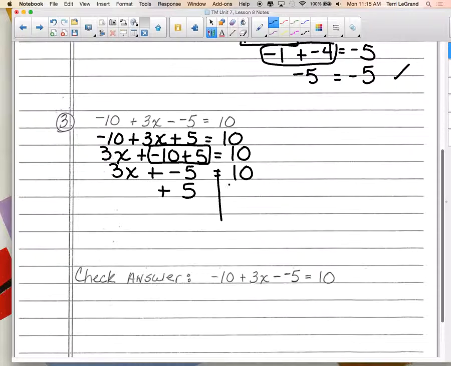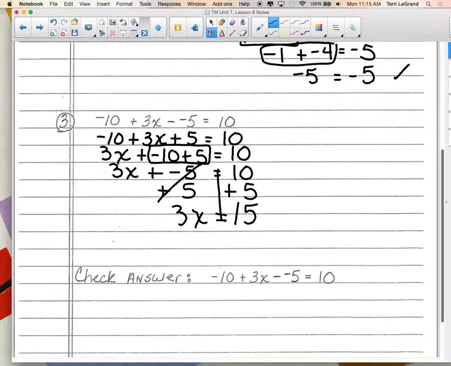So we'll add 5. If we add 5 over there, we have to add 5 on the other side to keep it balanced. So now this is that set of 0 pairs, isn't it? That gets that 3x by itself. So 3x is now all alone over there. What do we have on the right side now? 15. 10 plus 5 is 15.